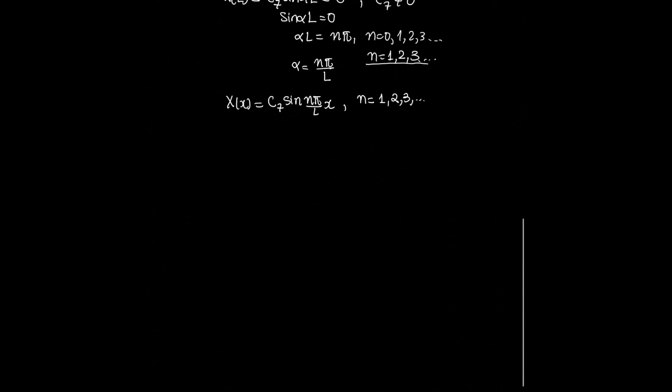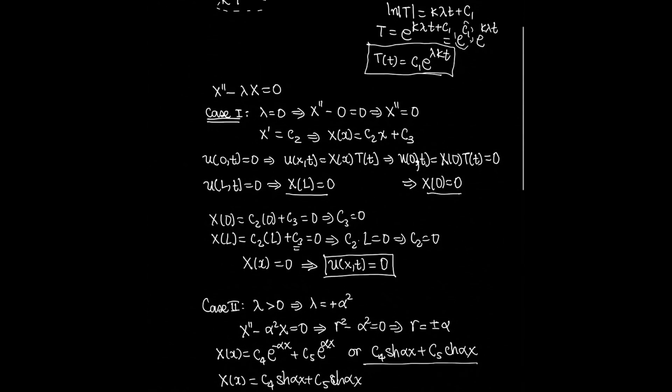Then that means I'm going for u(x, t), x times t. Then I have C7 n pi x over L times time, that I solved in the beginning.